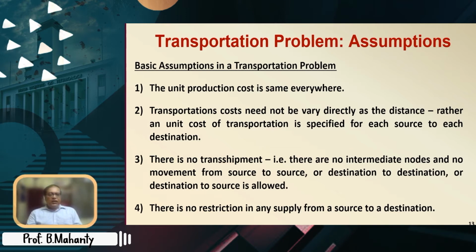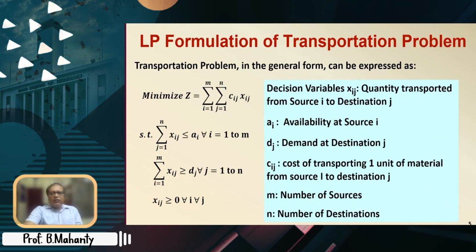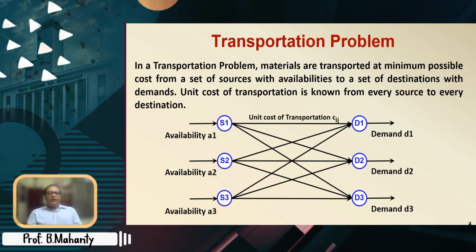You see, currently we are saying, let me get that diagram, that the flow of material is from source to destination, source to destination, source to destination. But suppose we send some material from source 1 to source 2 and then transport to D1.